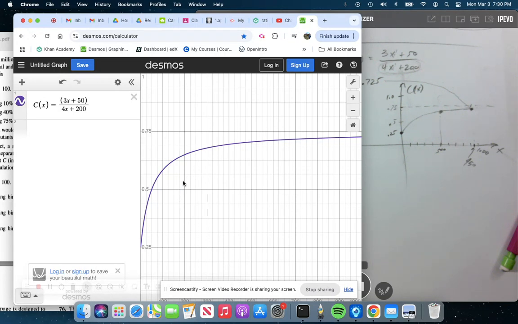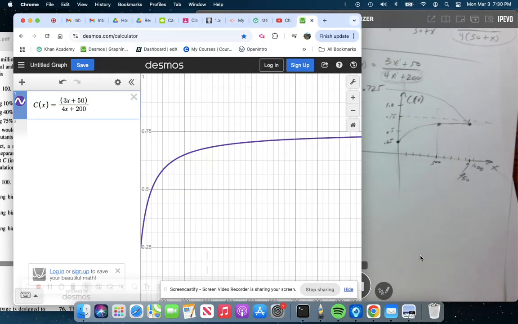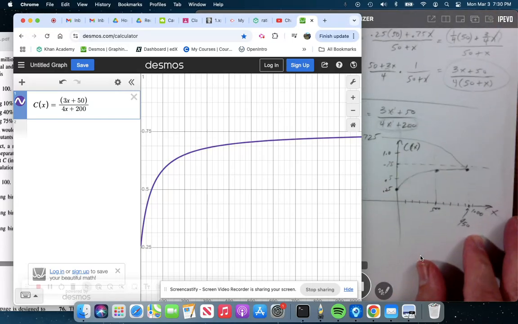All right, so at 500, there's 100, 200, 300, 400, 500. As you can see, we're at about 70%. And then when we get over here to 900, we're at 72.3, and then 950, 0.725. So that's it.